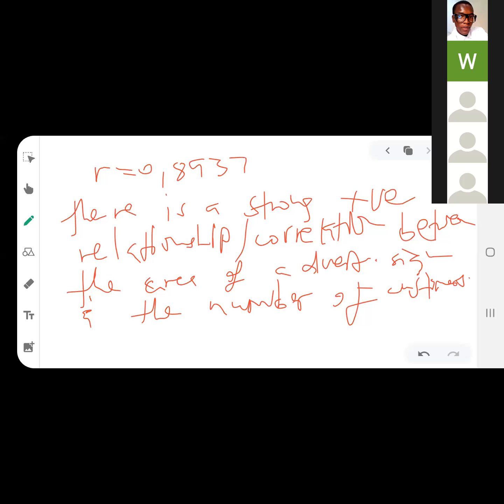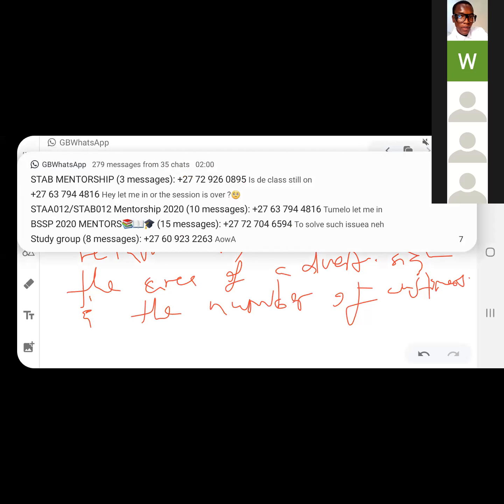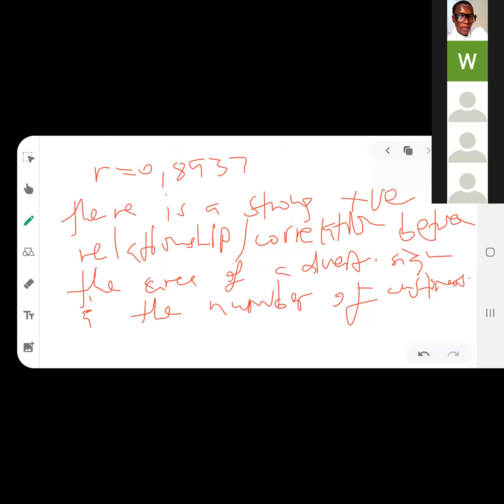And then you also have to elaborate more on what you mean when you say there is a strong positive relationship. It means that if the area of advertising sign increases, the number of customers will also increase. But if the area of advertising sign decreases, so does the number of customers.